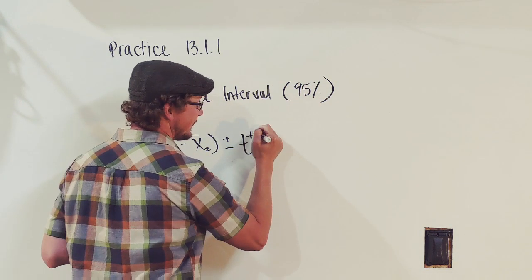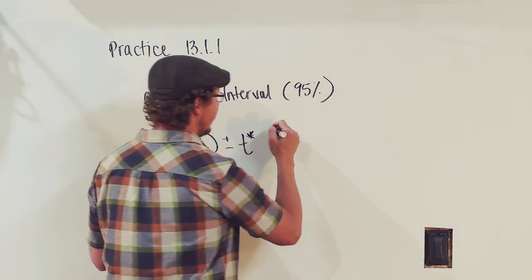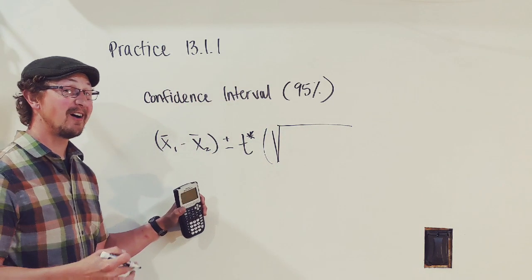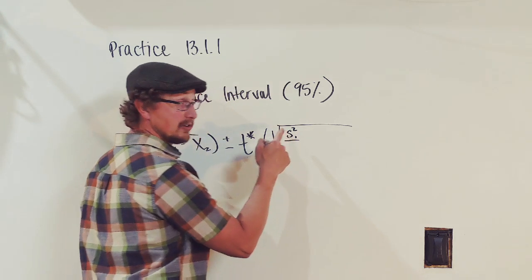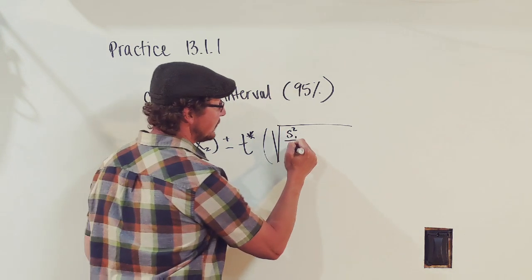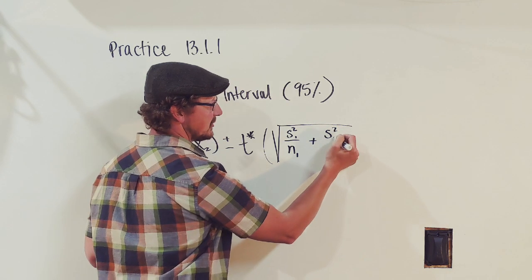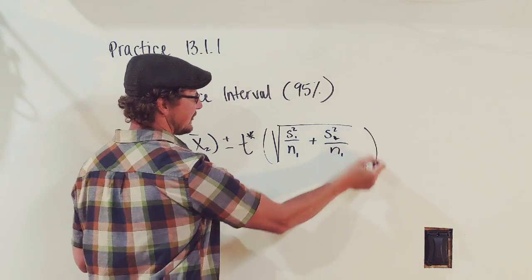So I'm going to take a t-star because, again, I didn't know the population standard deviation, and that is times the standard deviation of their differences. Standard deviation squared of the first apartment over its sample size added to the standard deviation of the two-bedroom apartments and its sample size.